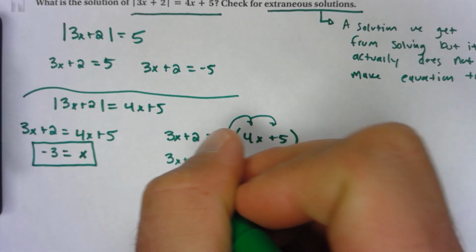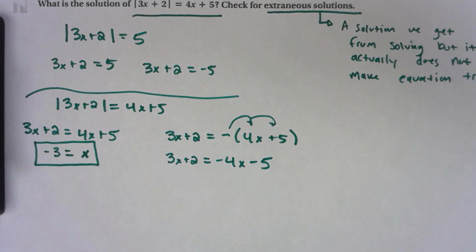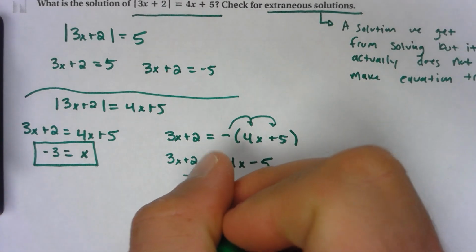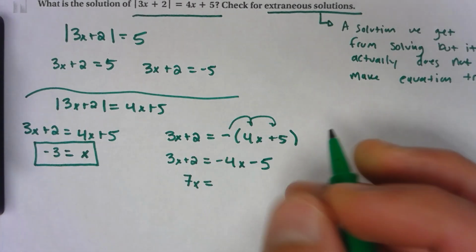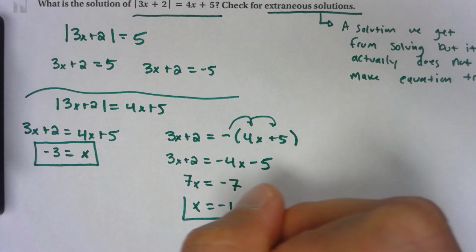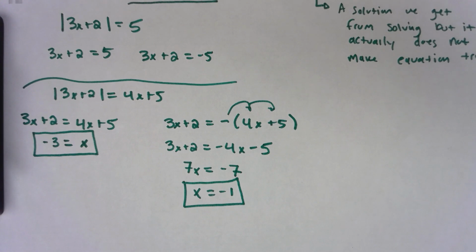So I get 3x plus 2 is equal to negative 4x minus 5. I'm going to add 4x to get 7x, subtract 2 to get negative 7, and get x equals negative 1. So in our solving, we got negative 3 and negative 1.